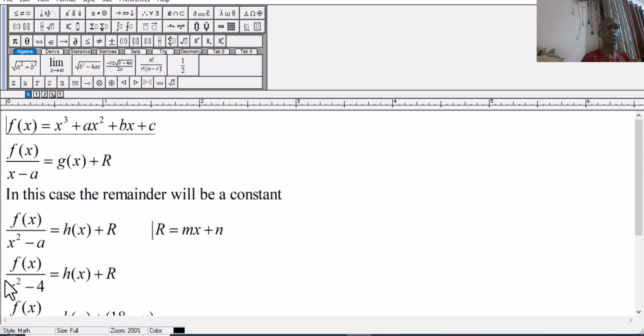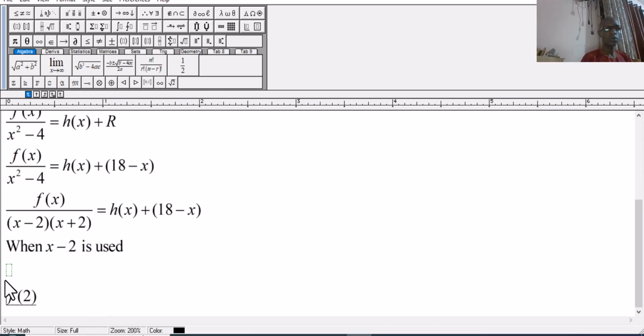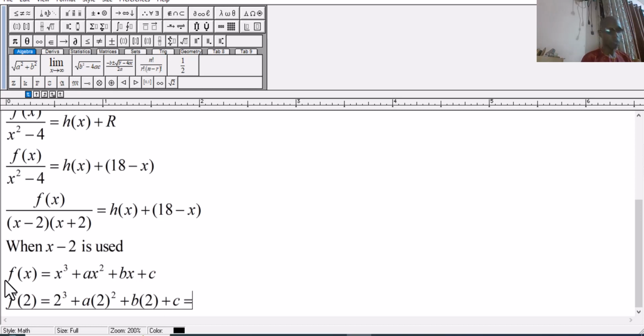Let me copy so I can be seeing it. So you have 2 raised to the power of 3 plus a into 2 all squared plus b into 2 plus c equals 18 minus 2.